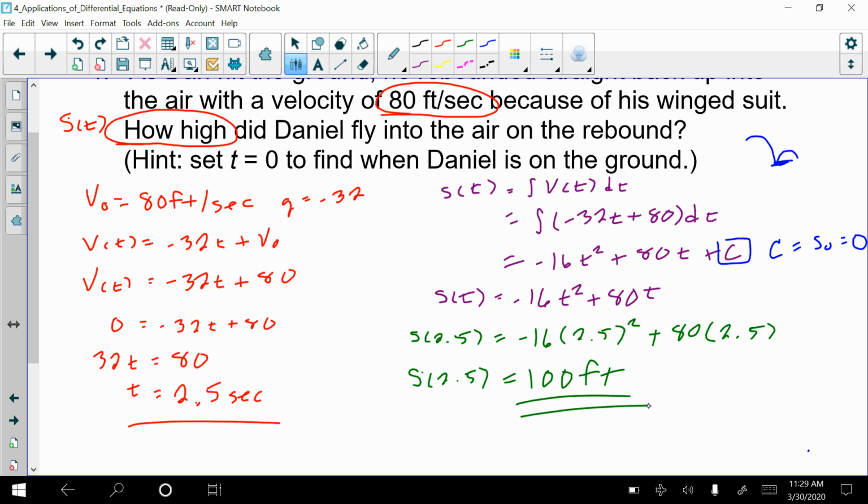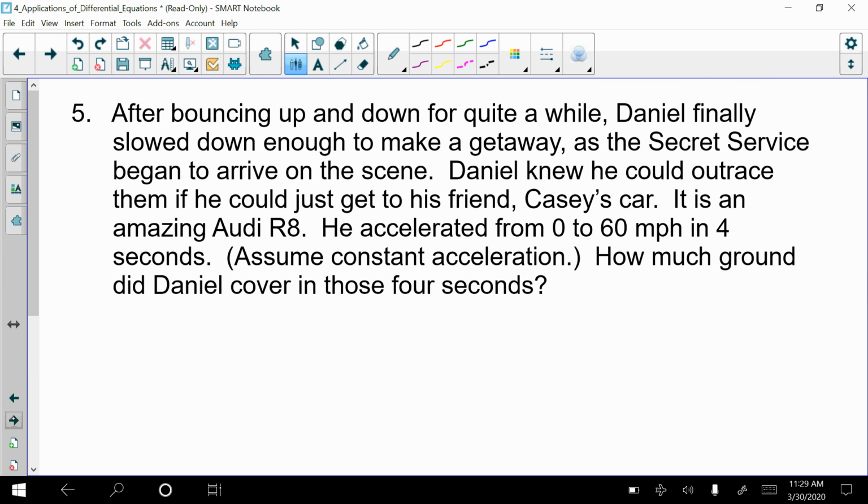So that's how high he bounced after hitting the ground and rebounding with a velocity of 80 feet per second. So moving on to the next problem in our notes.